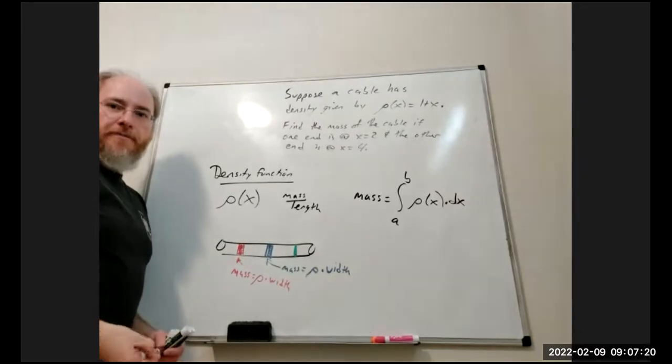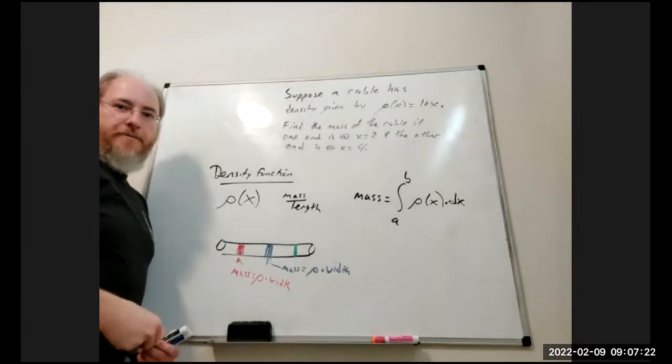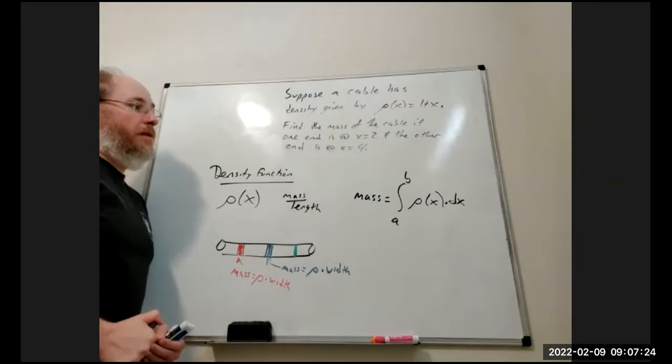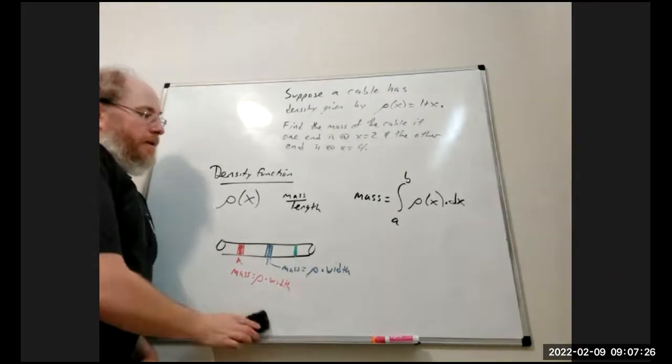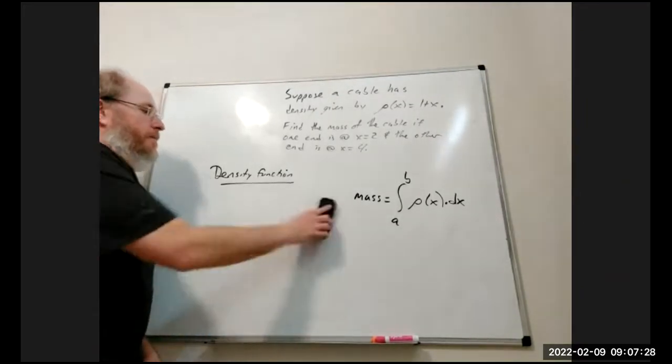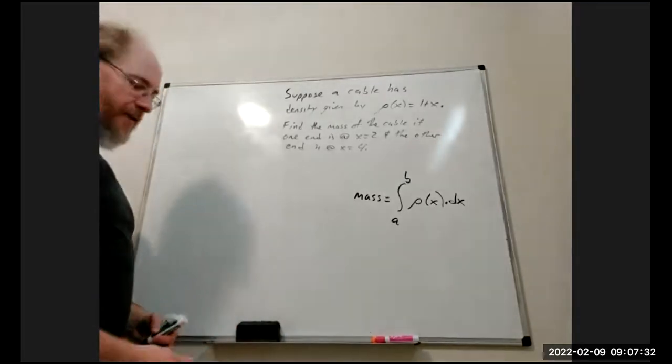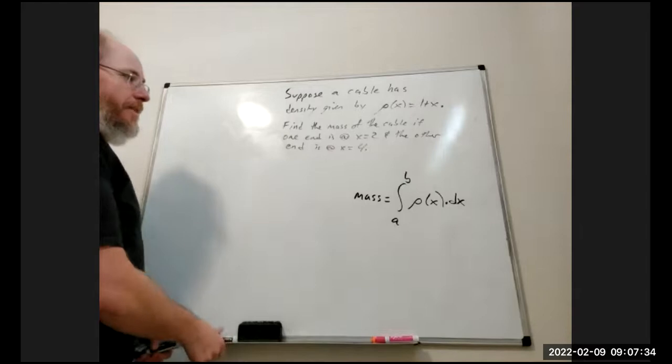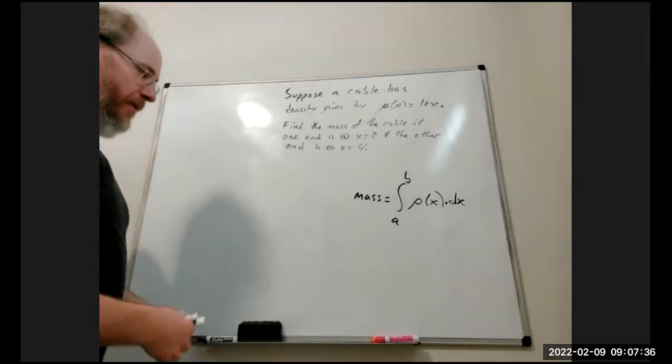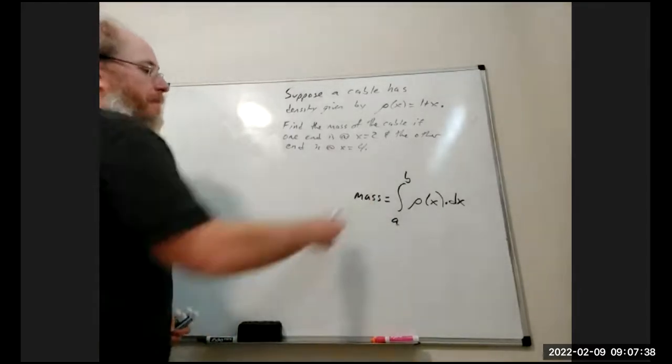All right, so kind of a standard, typical problem. All right, well, here we go. We want to find that density, or sorry, that mass. We need to integrate the density function over the bounds.